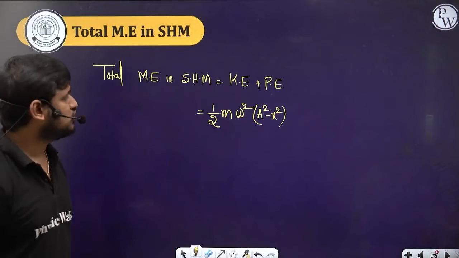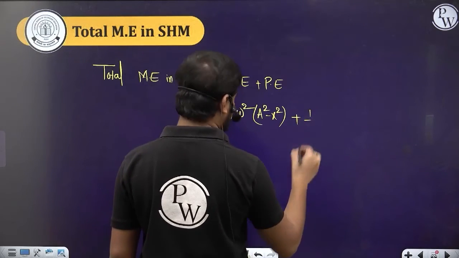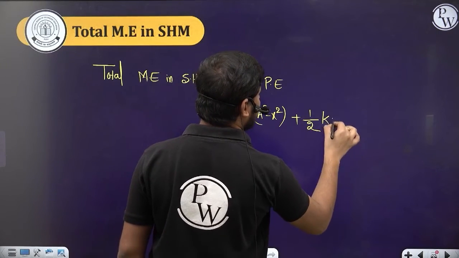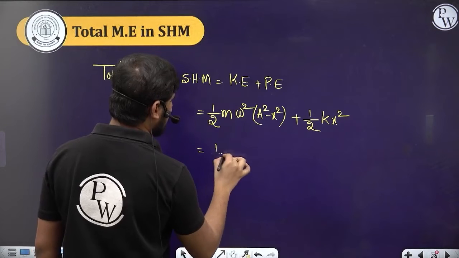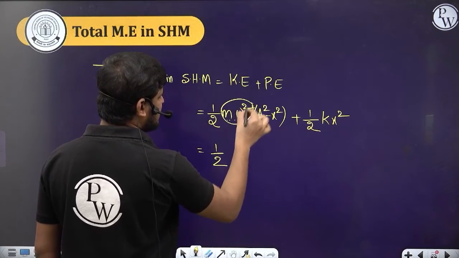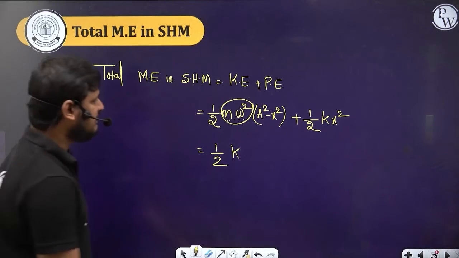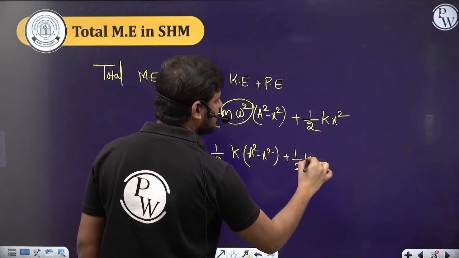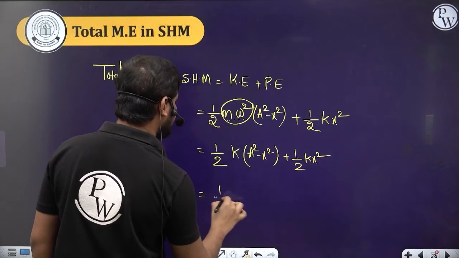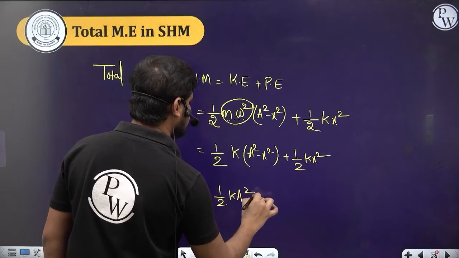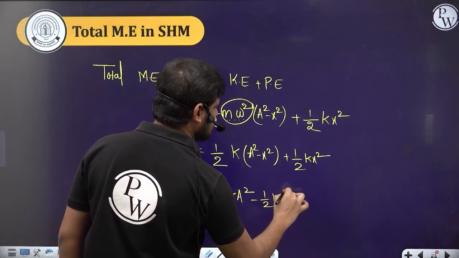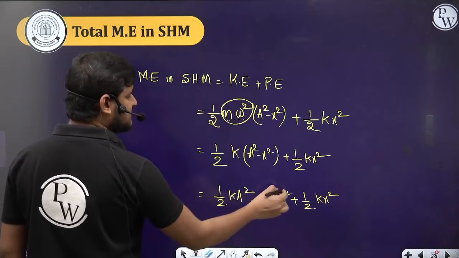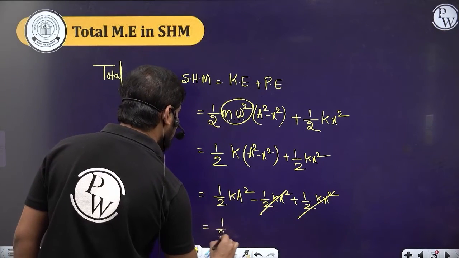Then the potential energy is half k x square. In place of m omega square let's write k, so half k into a square minus x square, plus half k x square. Here half k a square minus half k x square plus half k x square; I multiplied it inside. So half k x square cancels, and that is half k a square.